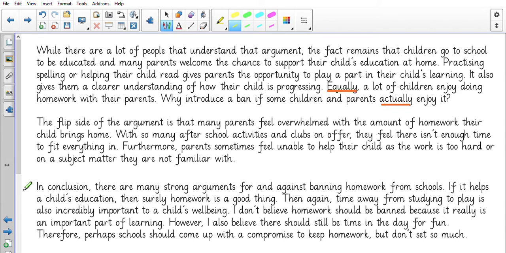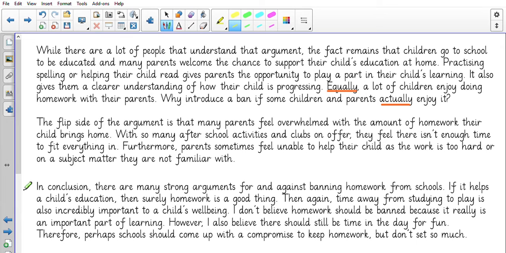While there are a lot of people that understand that argument, the fact remains that children go to school to be educated, and many parents welcome the chance to support their child's education at home. Practicing spelling or helping their child read gives parents the opportunity to play a part in their child's learning. It also gives them a clearer understanding of how their child is progressing. Equally, a lot of children enjoy doing homework with their parents.